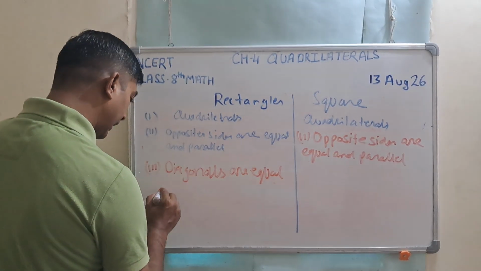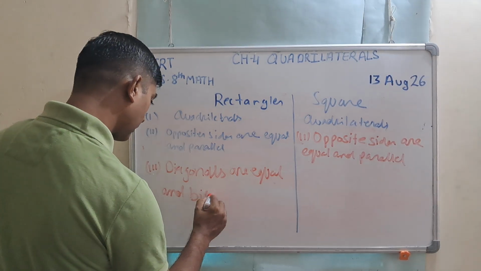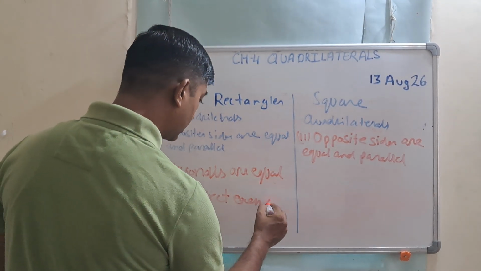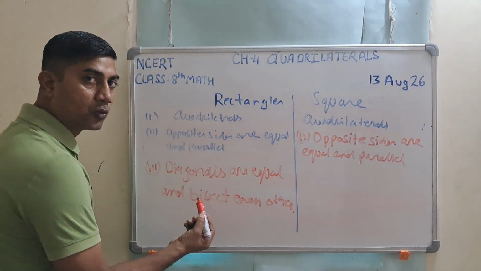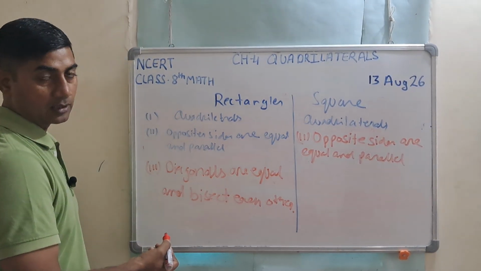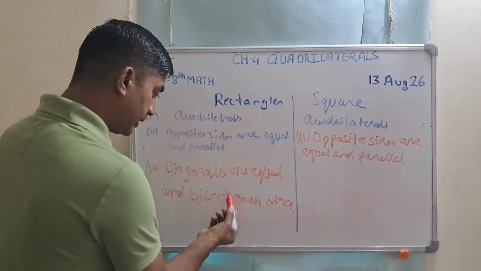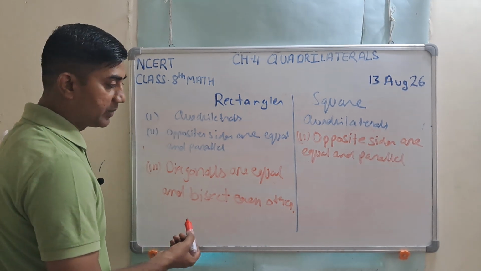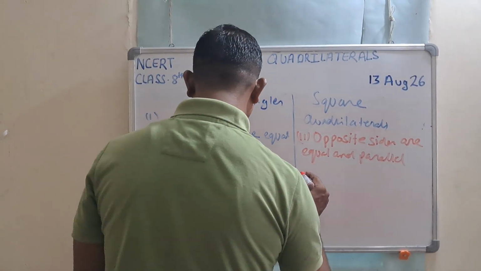Diagonals are equal and bisect each other. The diagonals are equal and they bisect each other. Since they are equal, after bisecting, when we get the four line segments, they are also equal. This is also the case in a square.